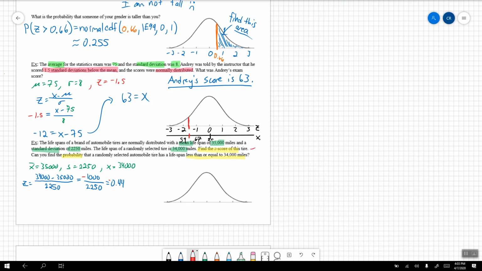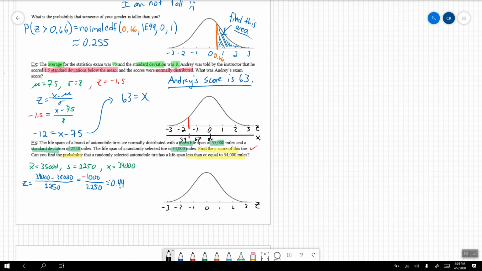All right, so that first one is now done. So we got the first part done. The second part says, can you find the probability that a randomly selected automobile tire has a lifespan less than or equal to 34,000 miles? All right, so what I'm going to do here is I'm going to use my z-scores. 0, 1, 2, 3, -1, -2, -3.